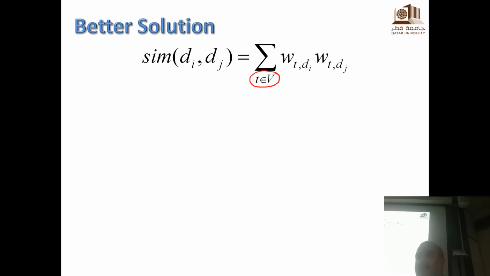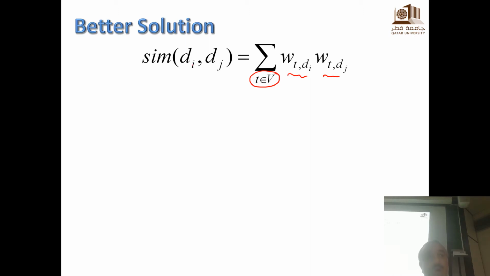Is it actually the case that it is over the entire list of terms? Look at this equation or this function. It's the sum over all terms of these weights. What are these weights?